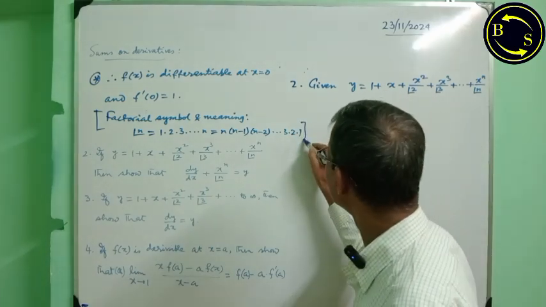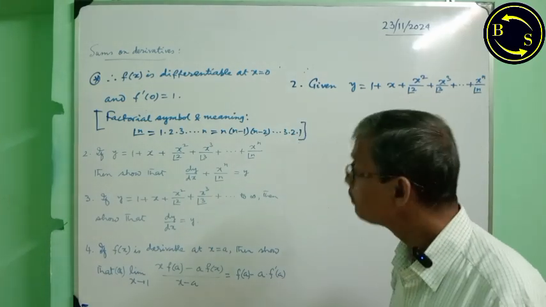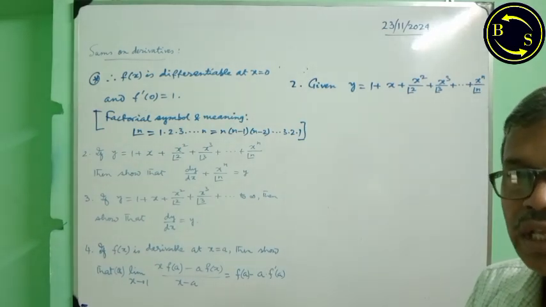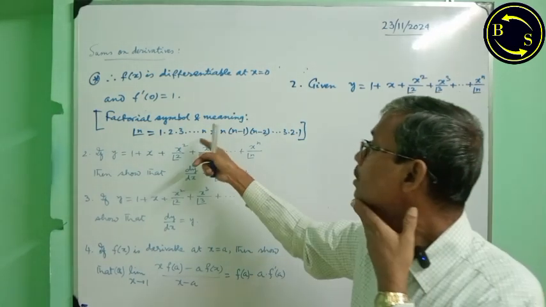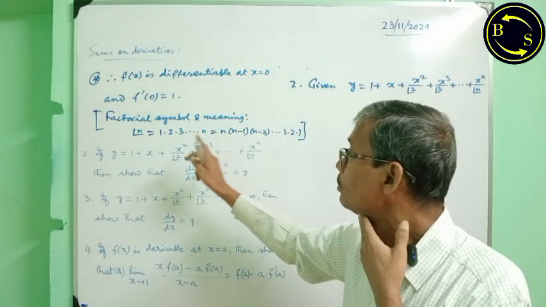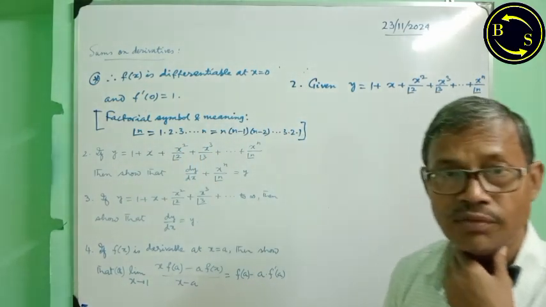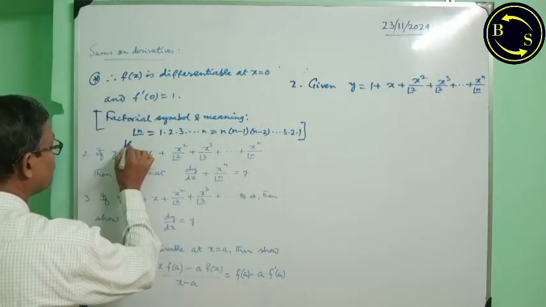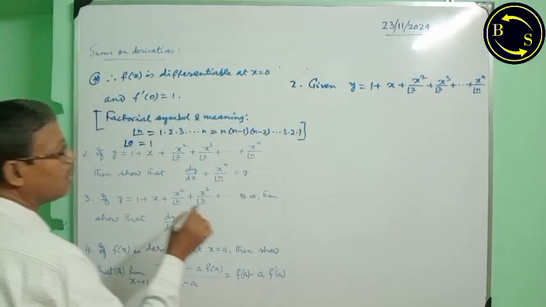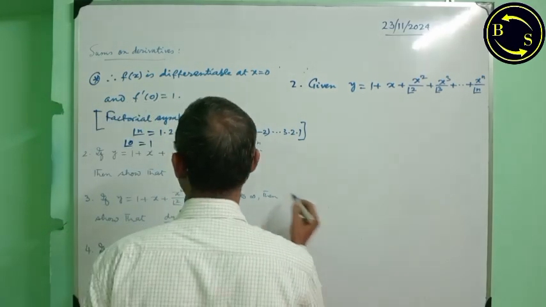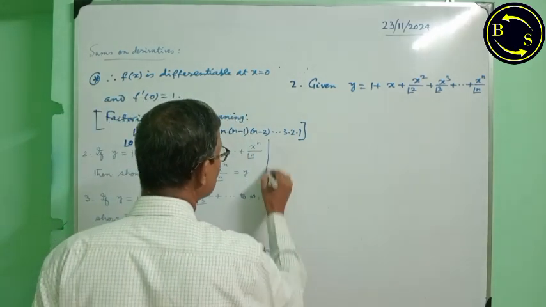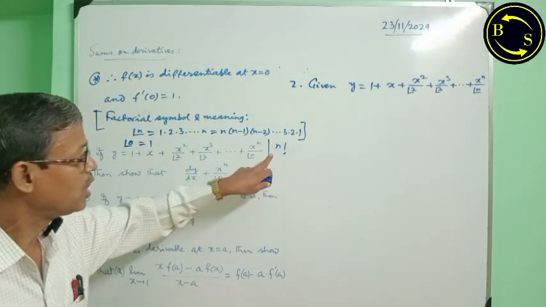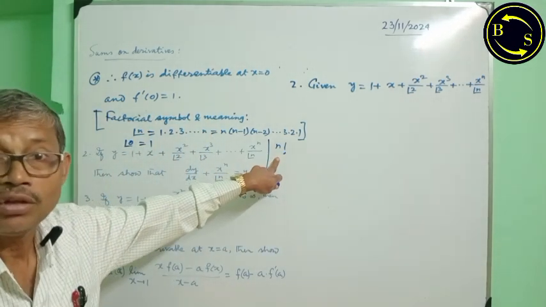From this it is clear that factorial of a negative number or fraction is not possible. Actually, in case of natural numbers, we take this definition also. By definition, factorial 0 is 1. The other symbol of factorial is n with an exclamation mark, also written by this symbol.